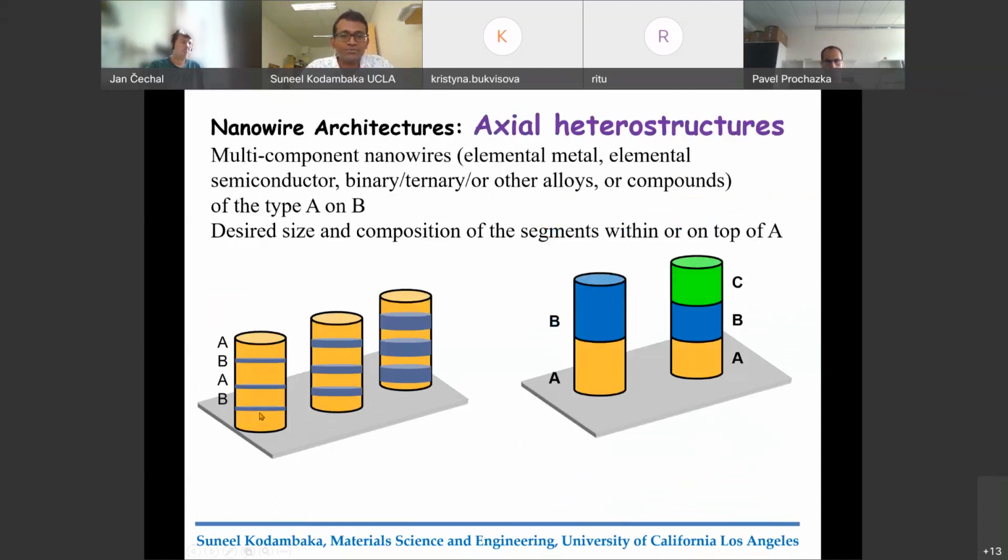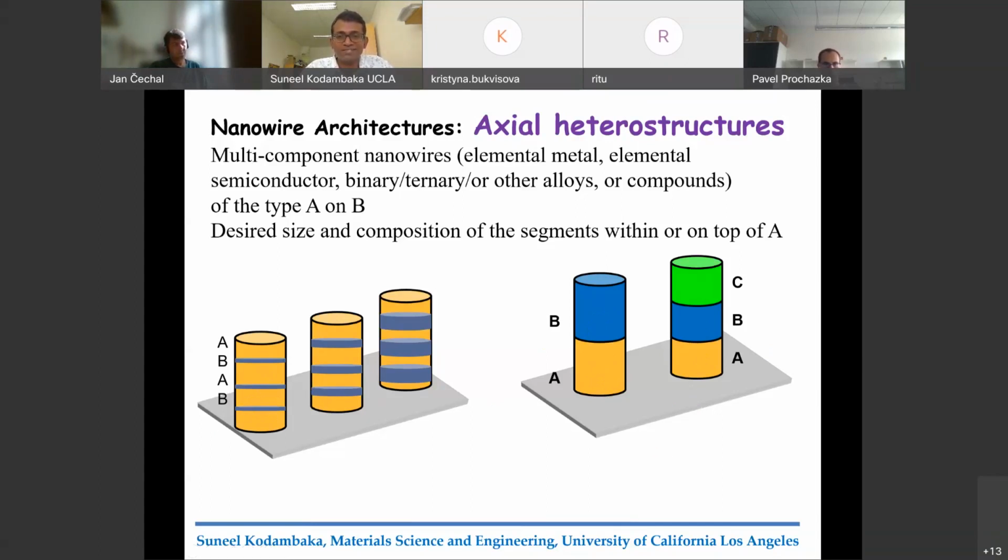And this is to show that you can change the composition within the nanowire in the axial direction. And in here, you have this superlattice style structure where you have segments of a different material B that is embedded in as quantum dots, or you could have materials grown as junctions. Hypothetically, you can have a semiconductor of one type and another semiconductor here, or you could have a metal insulator semiconductor, or whatever possibilities that you can imagine.